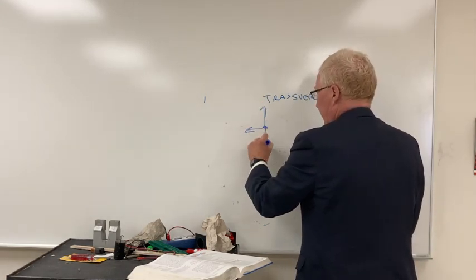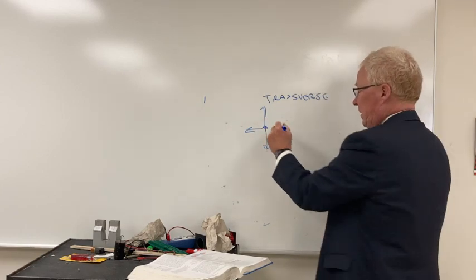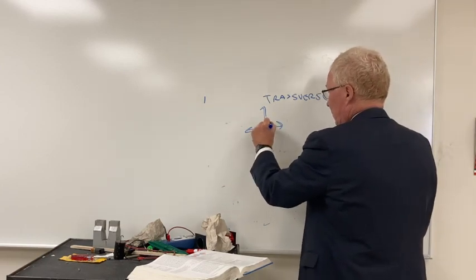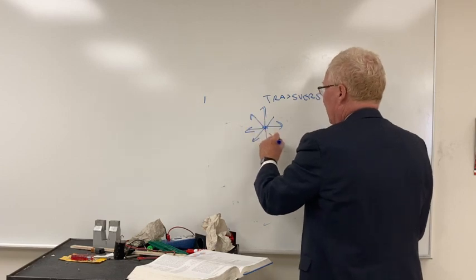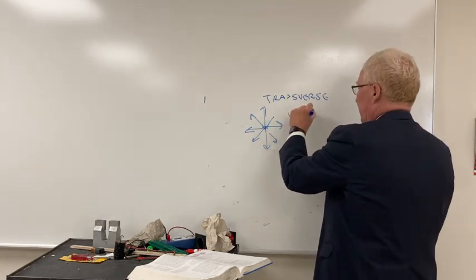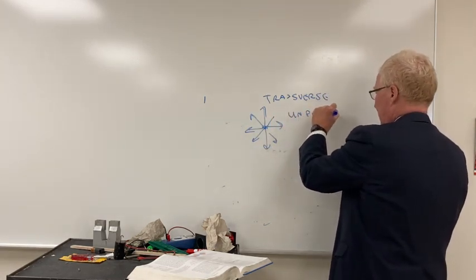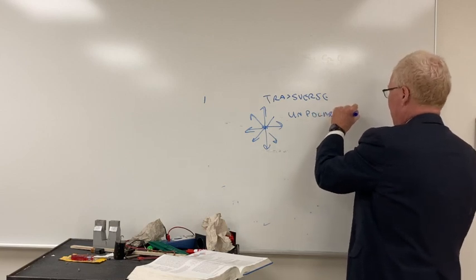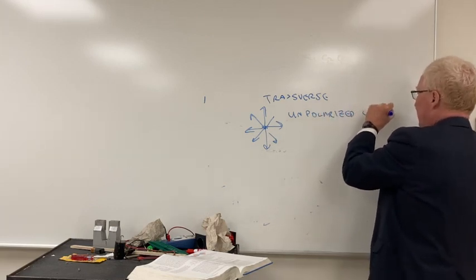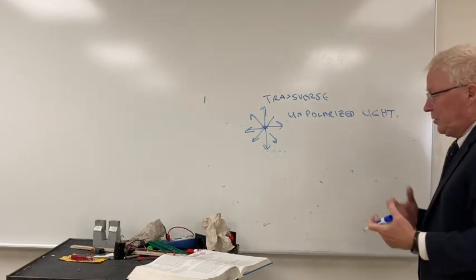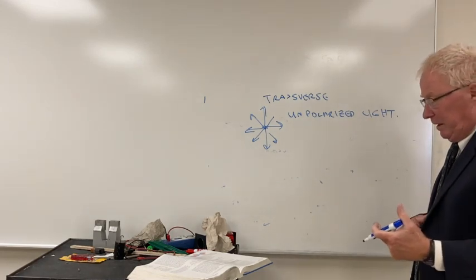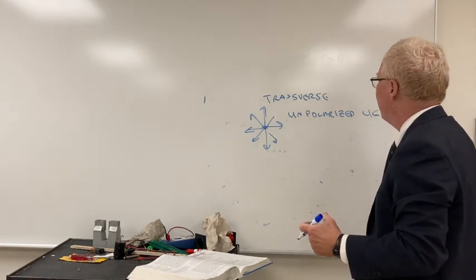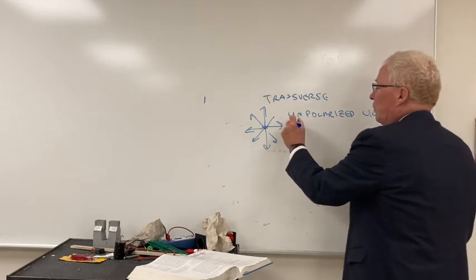So it's vibrating in all directions as it's coming towards you. That's what we call unpolarized light. And we'll get into that when I do lab 9 later this week.